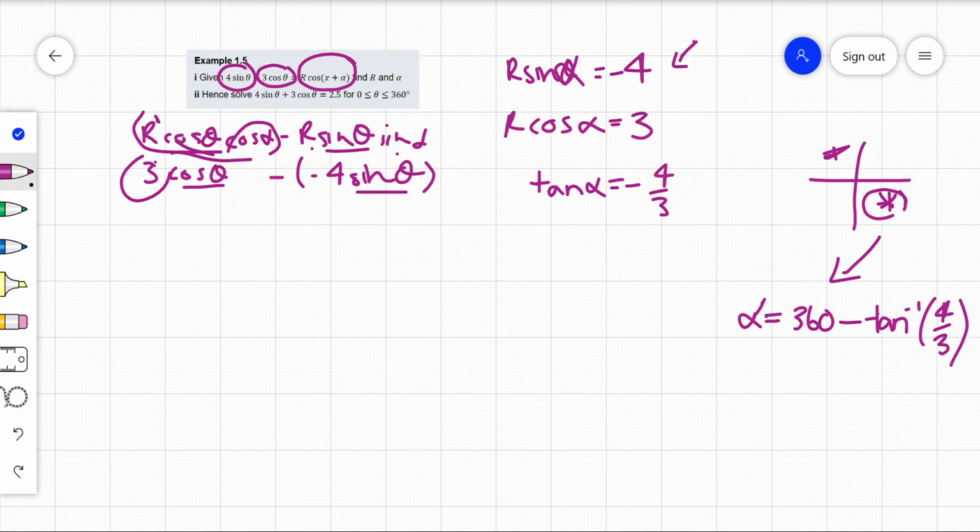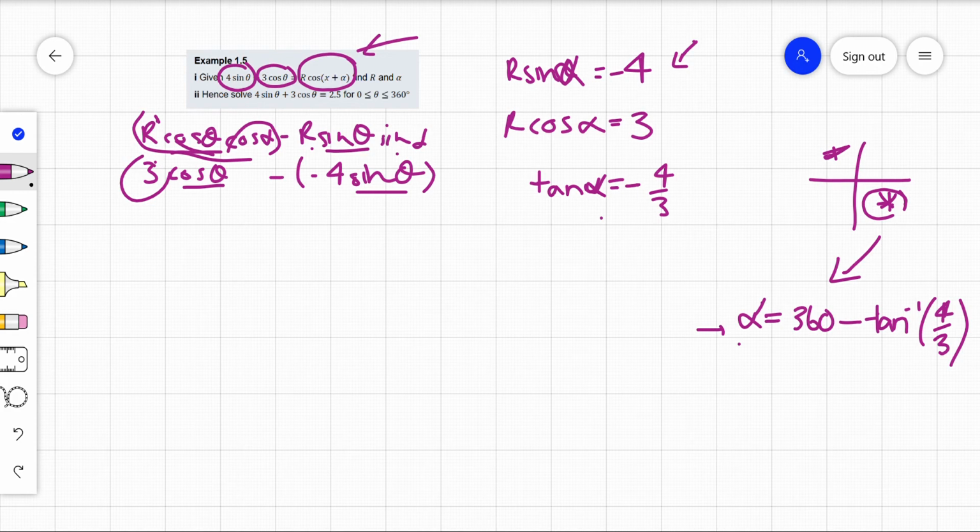Anyway, it's a little bit incorrect to write this here and here, because really the angle I want for this expansion is this angle here, which is alpha equals 360 minus inverse tan 4 on 3. I'm also going to store that alpha in my calculator.